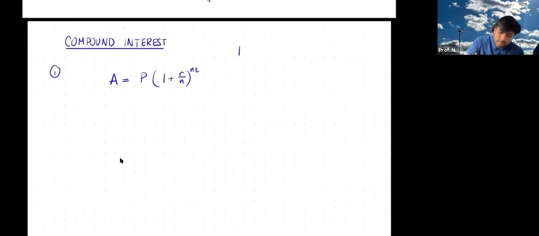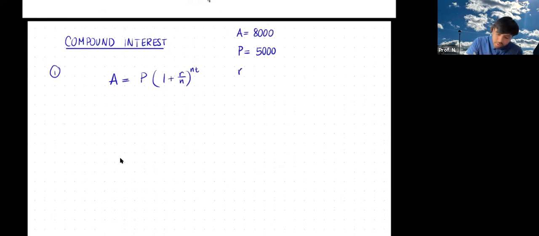What does P represent? P represents the initial amount, 5,000. What does A represent? A represents the end of the growth of my investment, so my investment grows to 8,000.